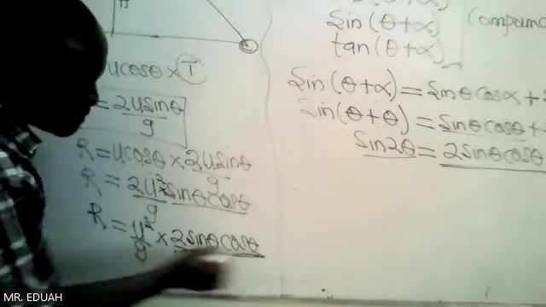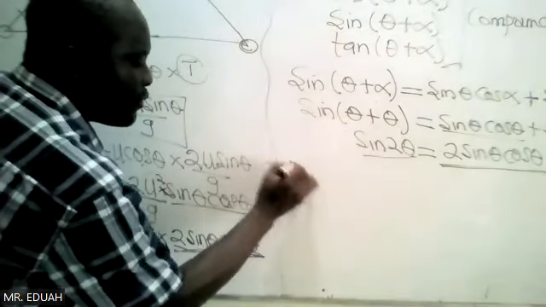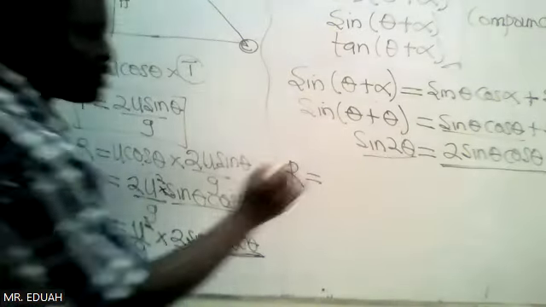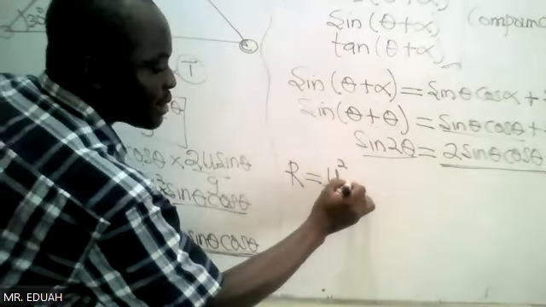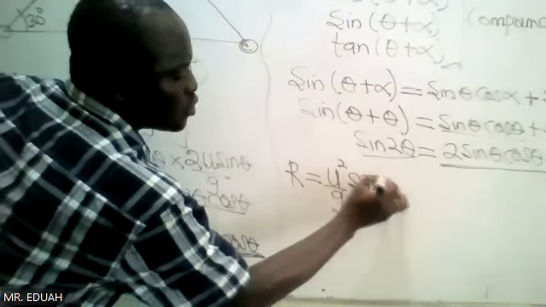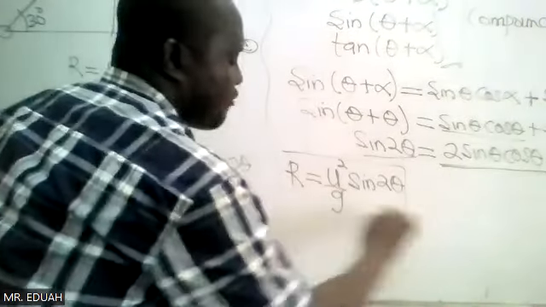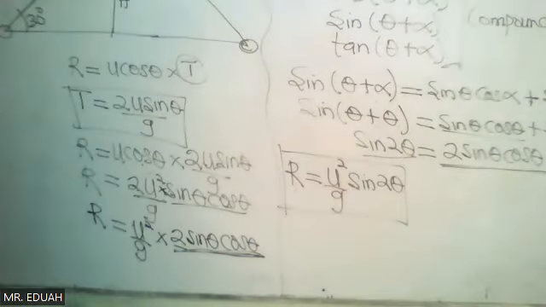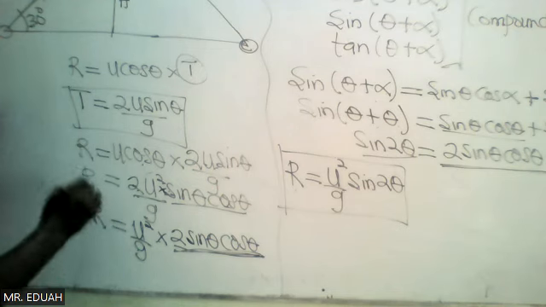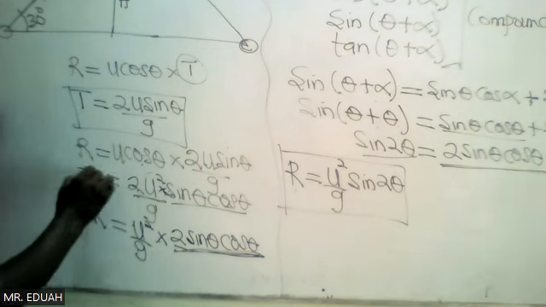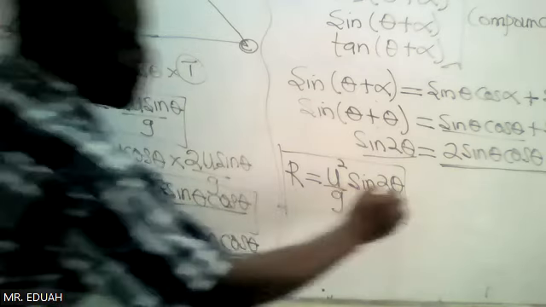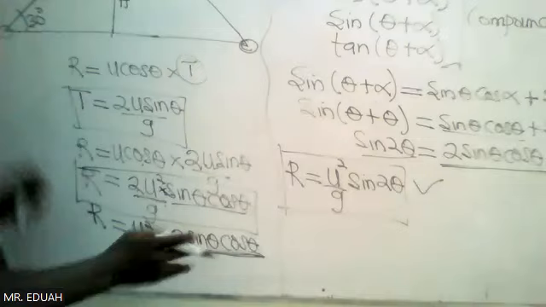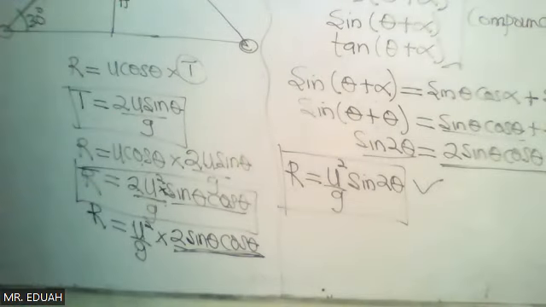Because this is the same as this, range can be simplified to be u squared over g times sine 2 theta. This is another formula for the range. So the range actually can be expressed as this, but this is the same as this one, and this is simpler.